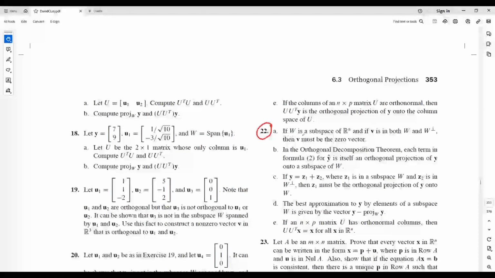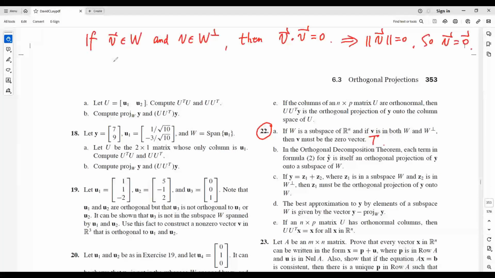A. If W is a subspace of Rn, and if v is in both W and W perpendicular, then v must be the zero vector. True. If v is in W and v is in the orthogonal space of W, then v dot v equals 0. This implies the norm of v equals 0. So v must be the zero vector.